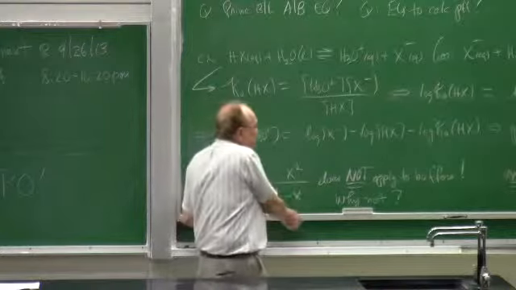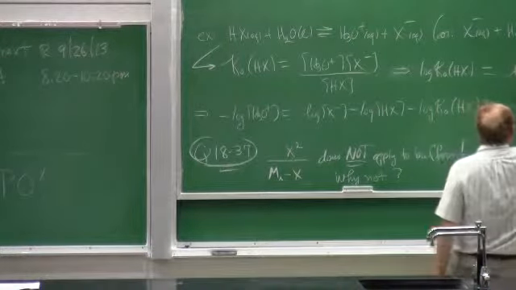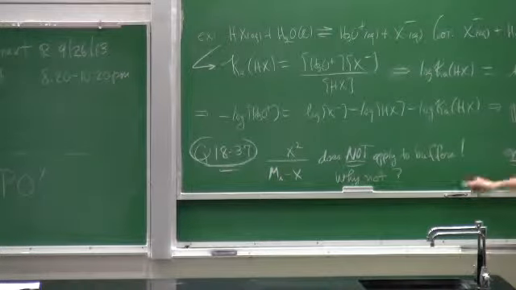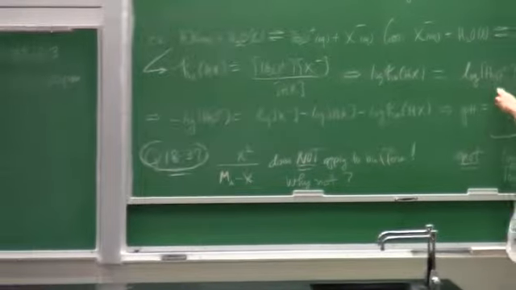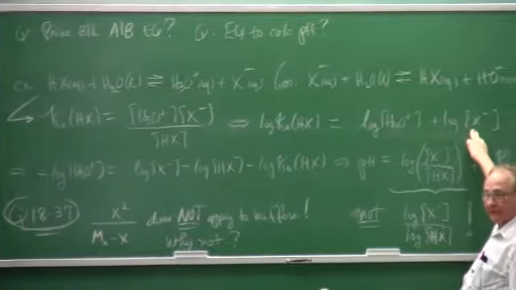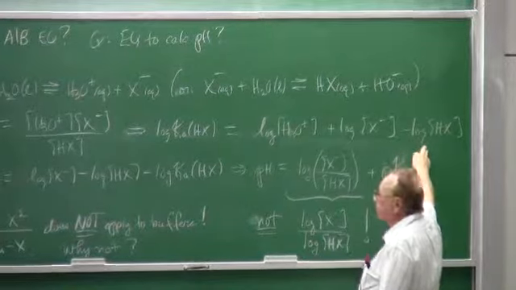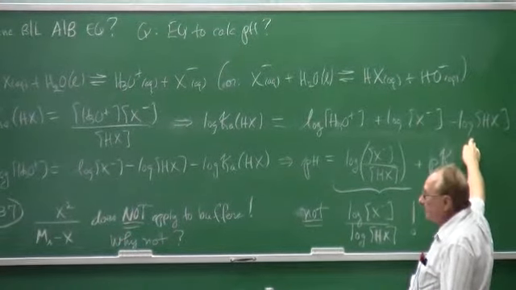So I write Ka, and then I recognize by doing some logarithmic arithmetic that log to the base 10 of Ka of HX is log to the base 10 of hydronium ion molarity plus log to the base 10 of the X minus, conjugate base of HX, molarity minus log of the equilibrium molarity of ionizing solute HX.